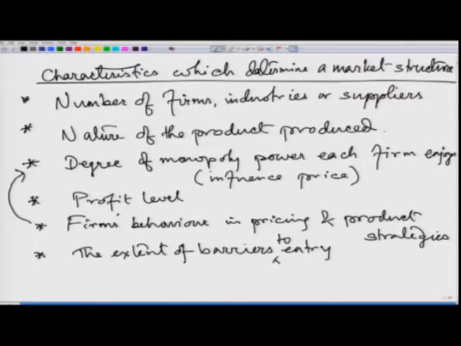to entry, and then the impact on efficiency, that is, how efficiently that market or industry, together a number of firms, is producing the product. If the market is perfect, we'll learn shortly what a perfect market is. If a market is perfect, we say that there is efficiency, there is equity in distribution, and the lowest or no wastage of resources.